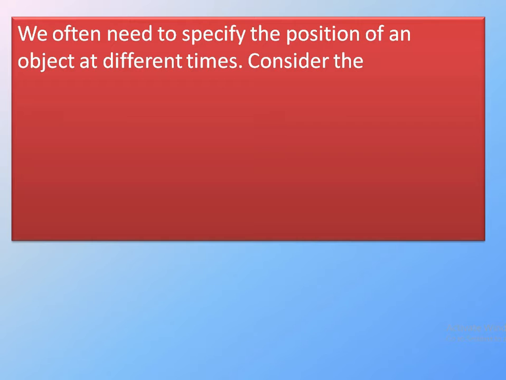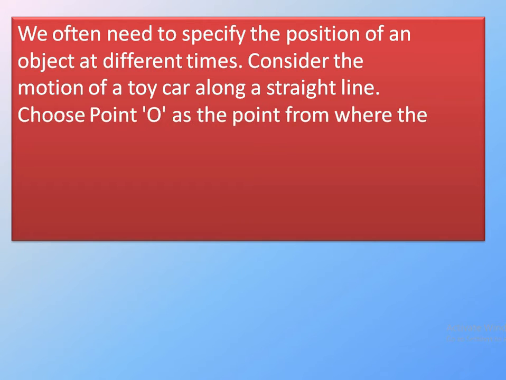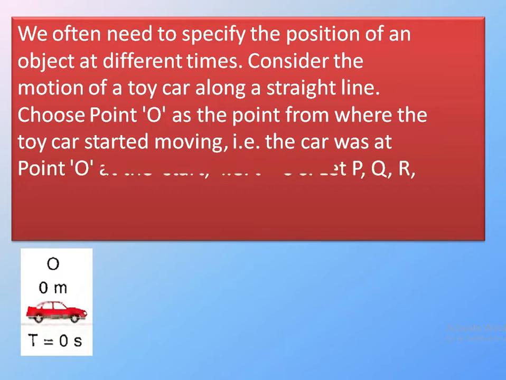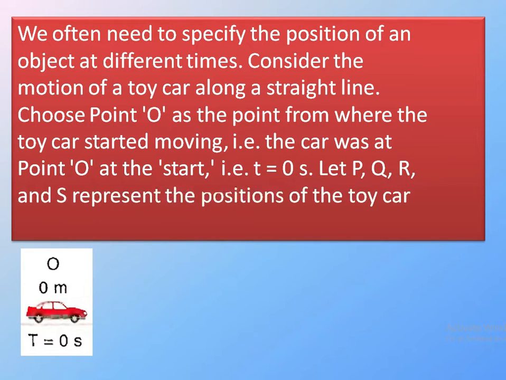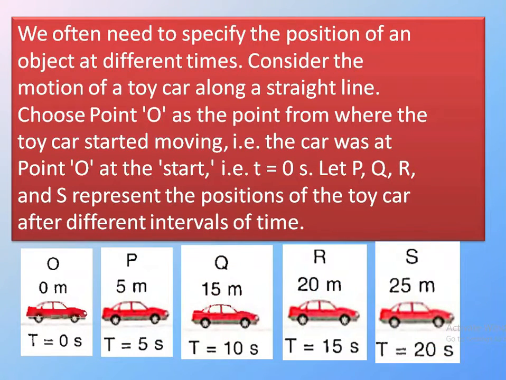To find out position, we need two things, distance and time. Consider the motion of a toy car along a straight line. Choose point O as the point from where the toy car started. The car was at point O at the start, that is at time 0 second. Let P, Q, R and S represent the positions of the toy car after different intervals of time.